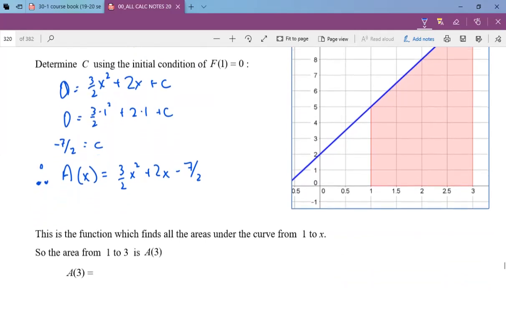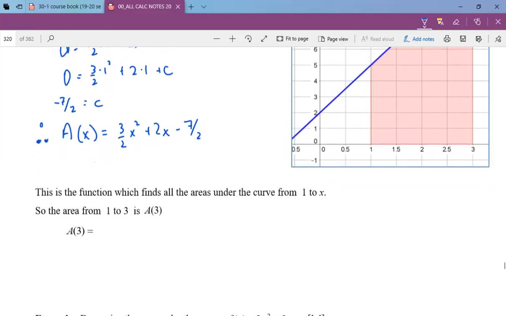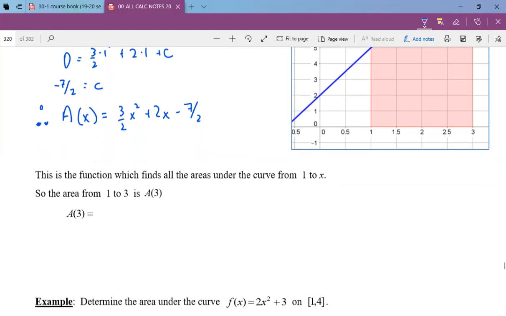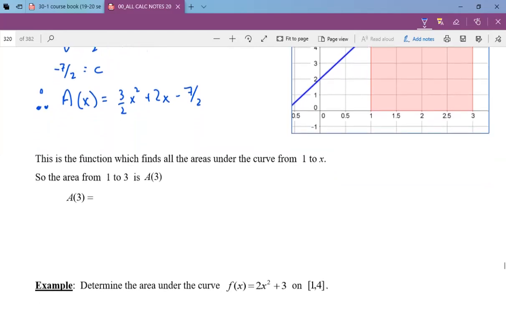So here is our function that finds the area of the curve from 1 to x. The area going from 1 to 3 is A(3). So A(3) would be 3 halves times 3 squared plus 2 times 3 minus 7 halves.